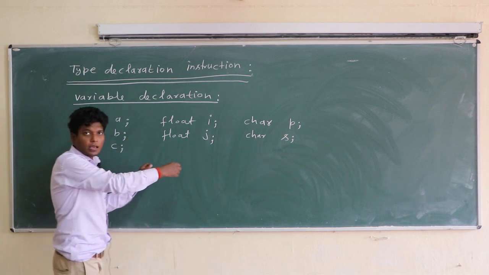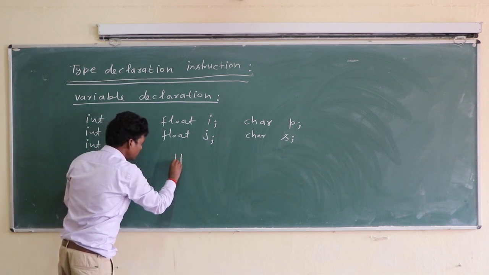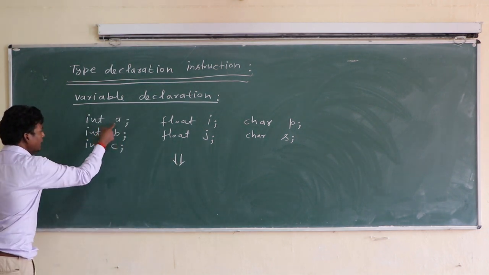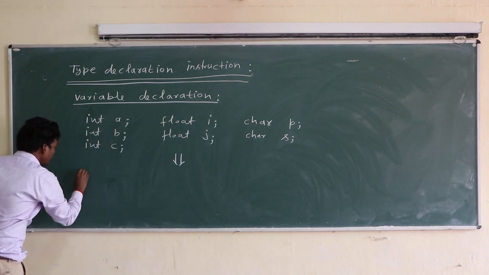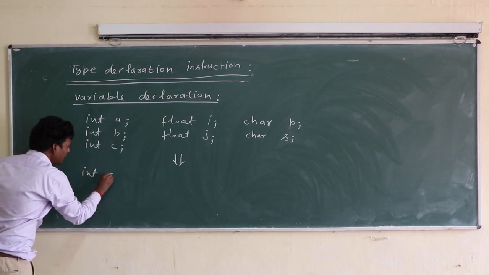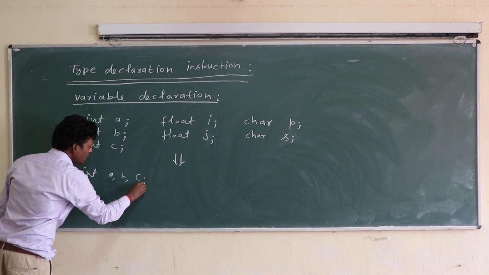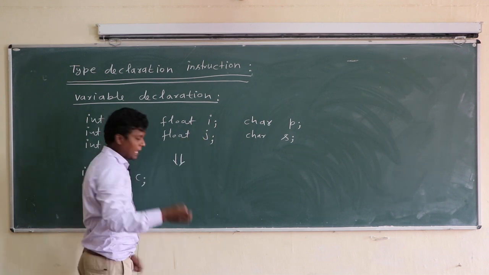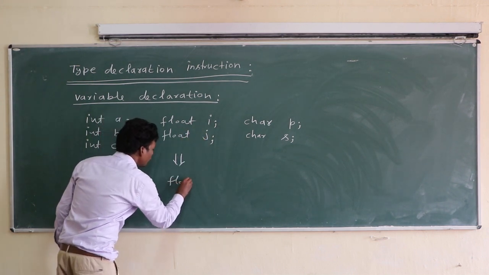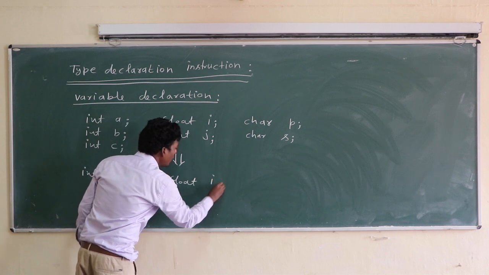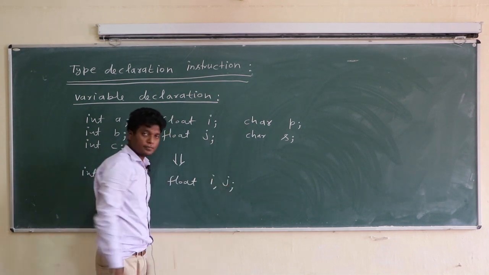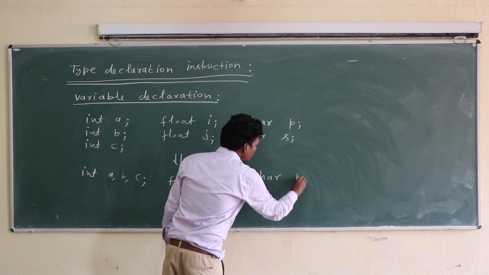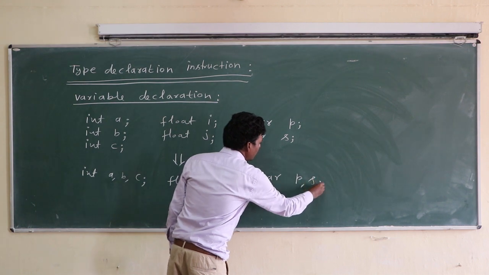This declaration can be written as follows. int a, int b, int c can be written in a single line: int a, b, c; This i and j can be written in a single line, that is float i, j; And this char p, s.